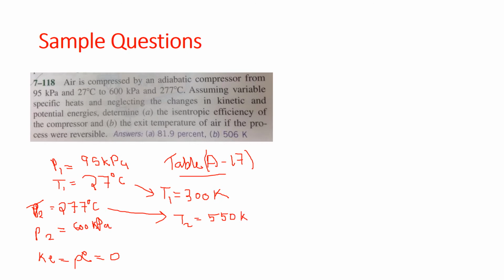Now I will move to table A17, because we are dealing with air, an ideal gas. The enthalpy h1 at 300 Kelvin is around 300.19 kilojoule per kilogram, and h2 is around 554.74 kilojoule per kilogram. These are the h's we found, and we will also find Pr1 from the table.